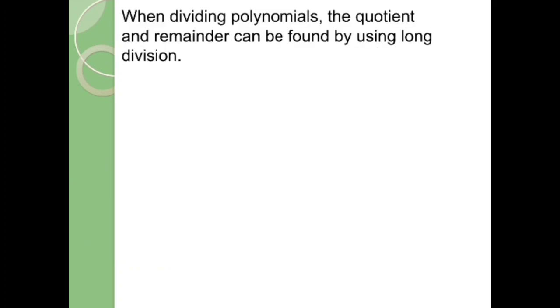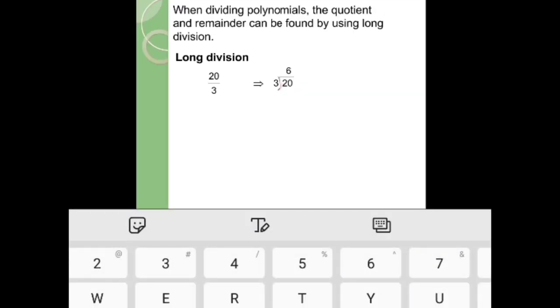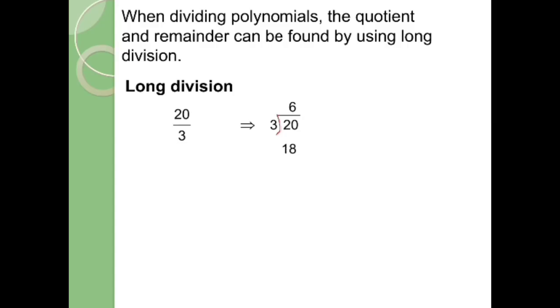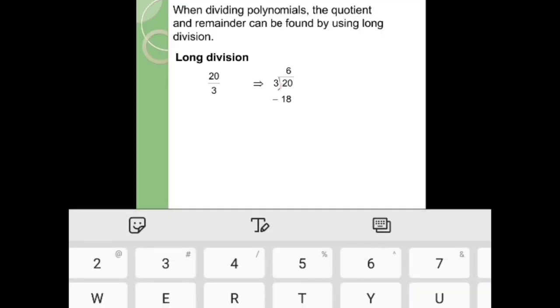When dividing polynomials, the quotient and remainder can be found by using long division. For example, 20 divided by 3. You have learned this in primary school. So use long division, 20 divided by 3, where you get 6 there, because 6 times 3 is 18. And then you write 18 underneath 20, and then you subtract those two numbers.